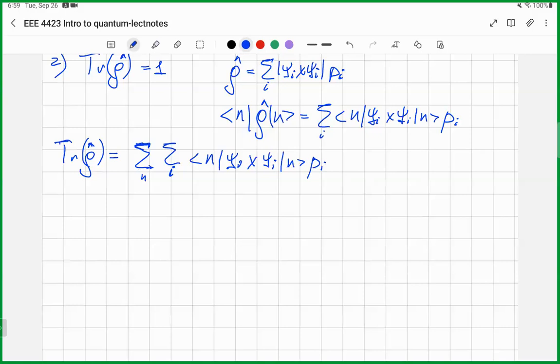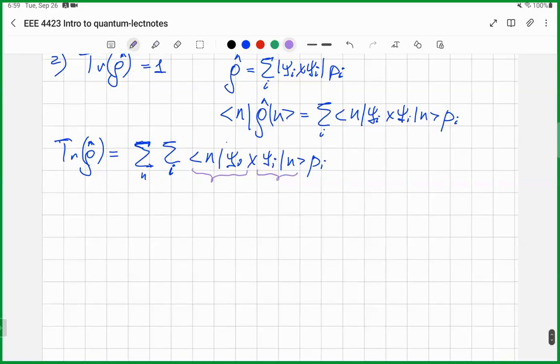Now since these two are just complex numbers, I can exchange their positions and rewrite this like this: summation over n, summation over i, p_i, then <psi_i|n>, then <n|psi_i>.